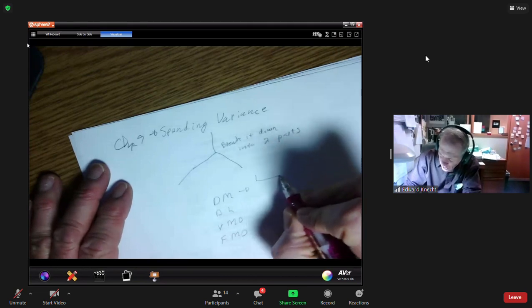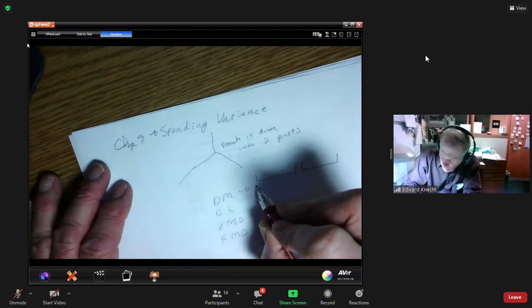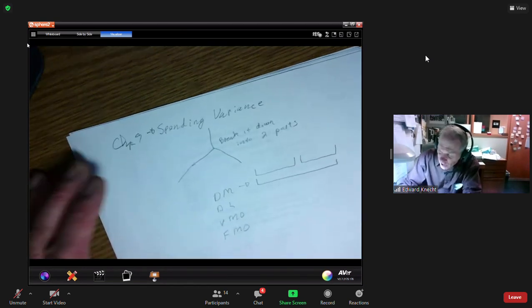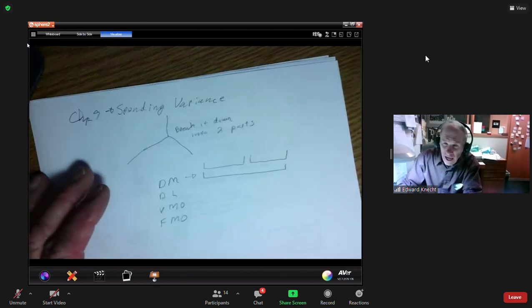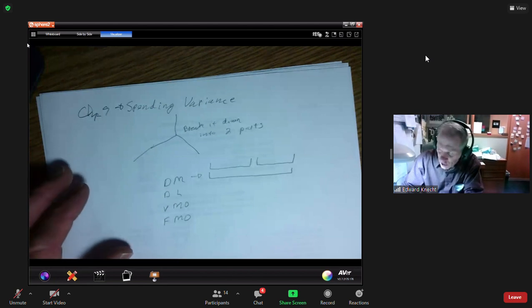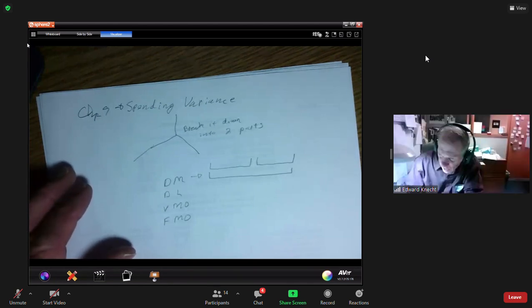Oh, and take a look at this. This is the diagram method. I like the diagram method because it is like a picture. Or you could use the equation format. Some people like the equation format. That's okay if you're a math whiz.